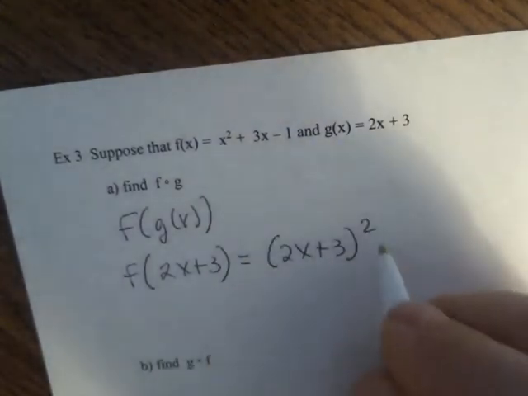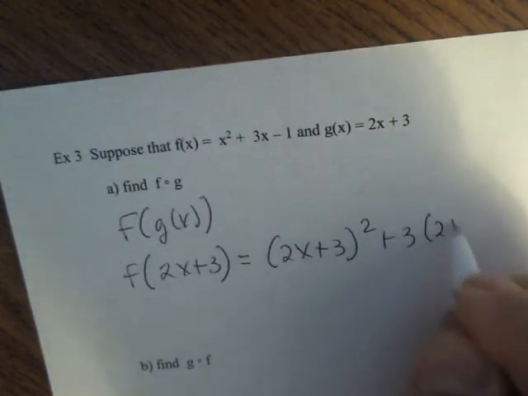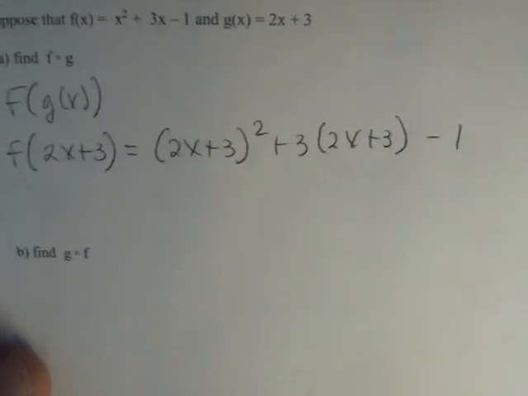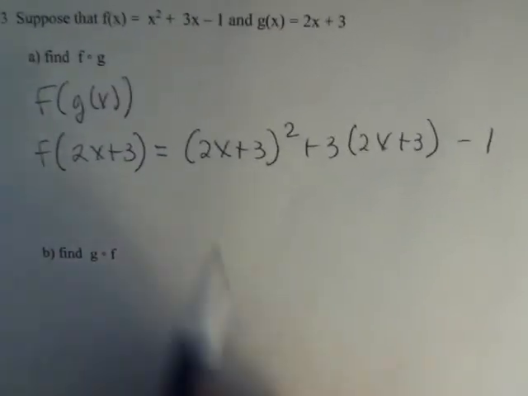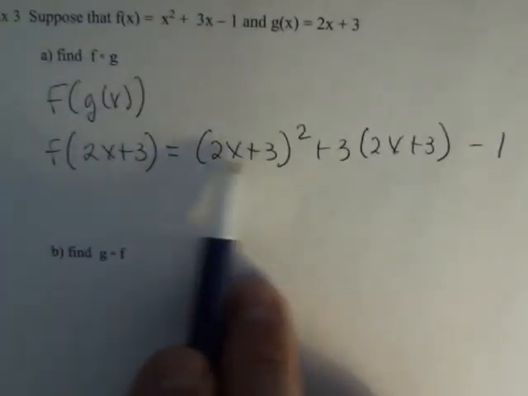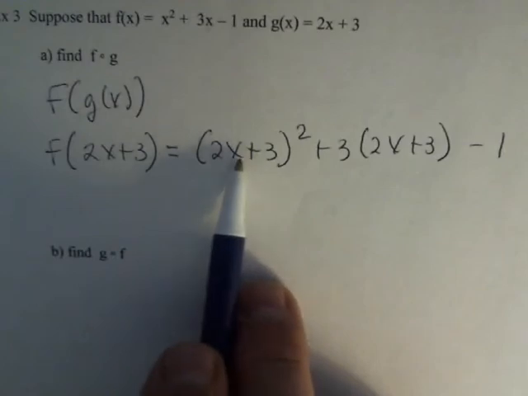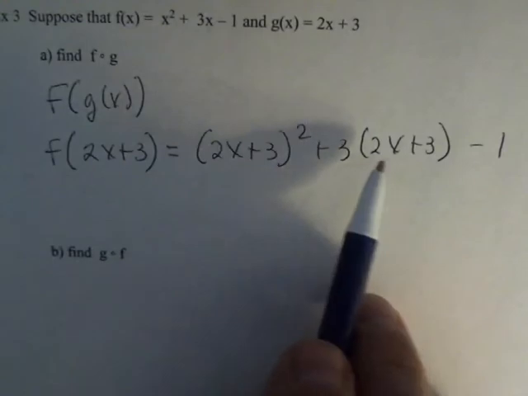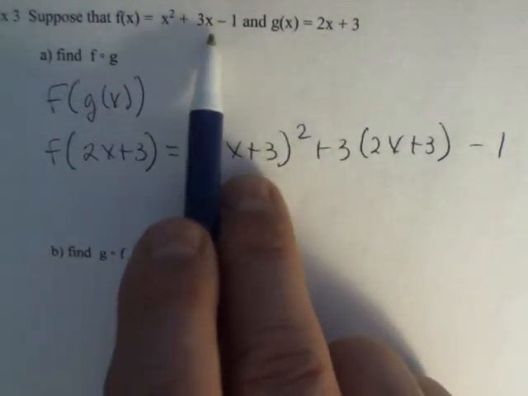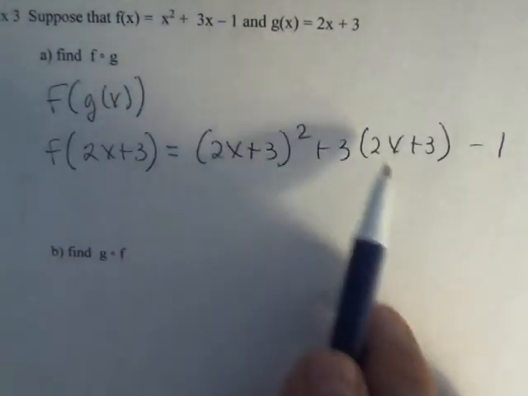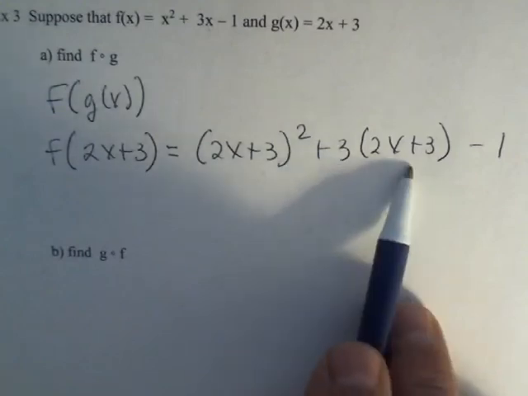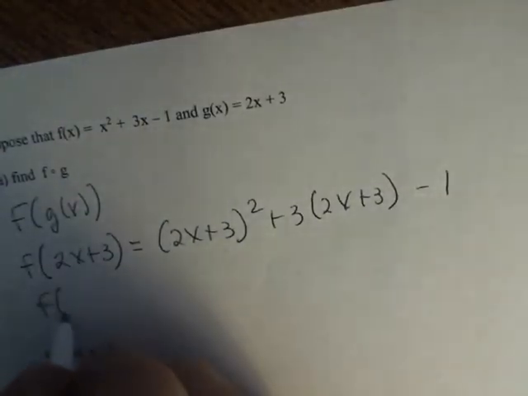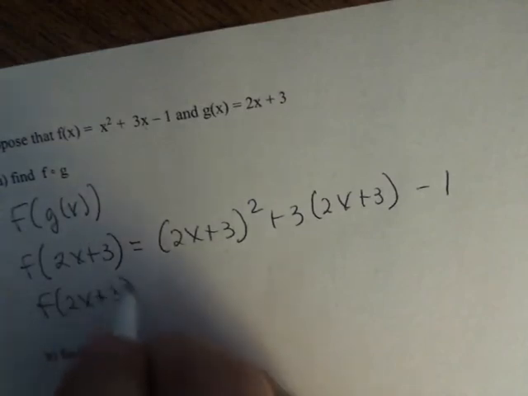So this can be difficult because f of 2x plus 3 equals 2x plus 3 squared plus 3 times 2x plus 3 minus 1. So let's see what we've done here. The 2x plus 3 now takes the place of our x. So we square whatever our x is, which is what we did here. We then take whatever our x is times 3, which we did here. Then we subtract the 1. The rest is your algebra skills.